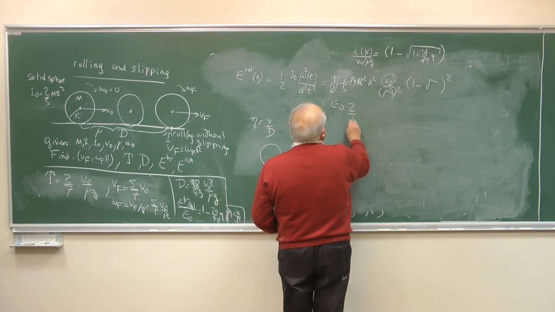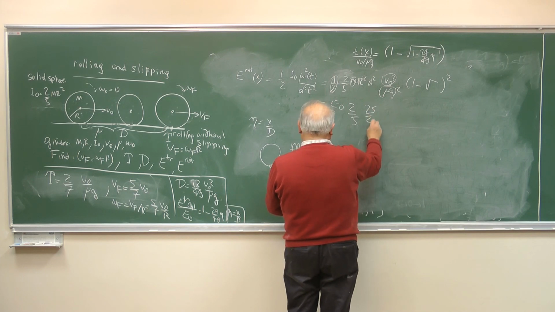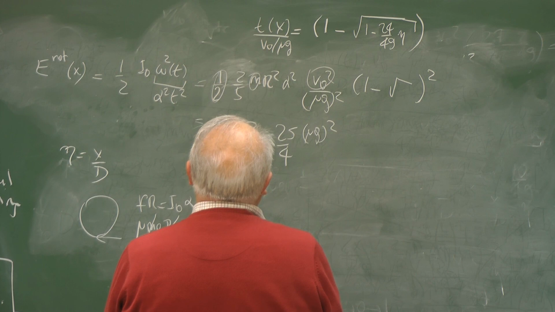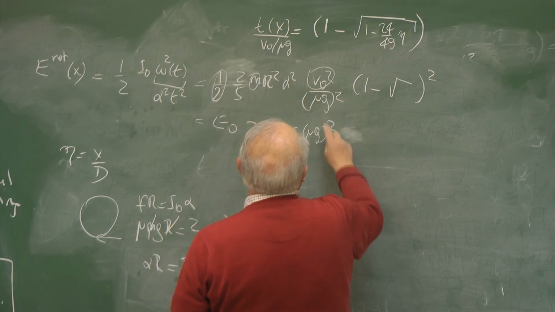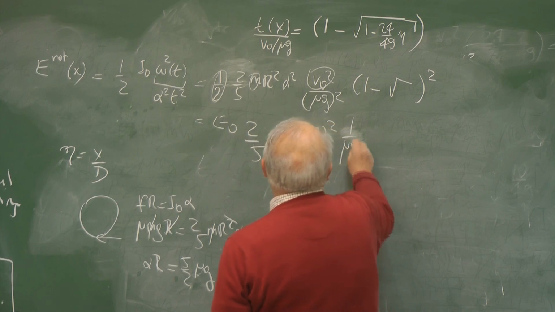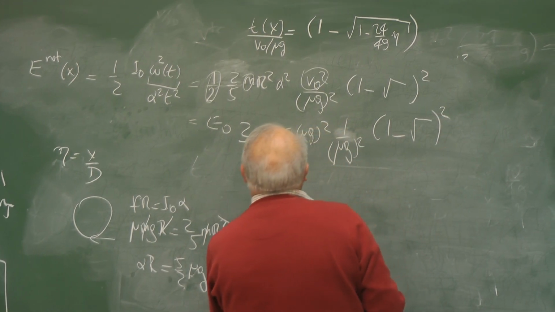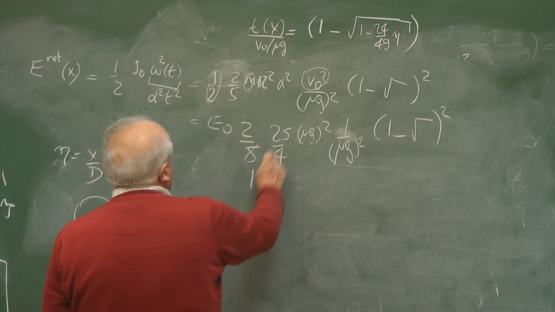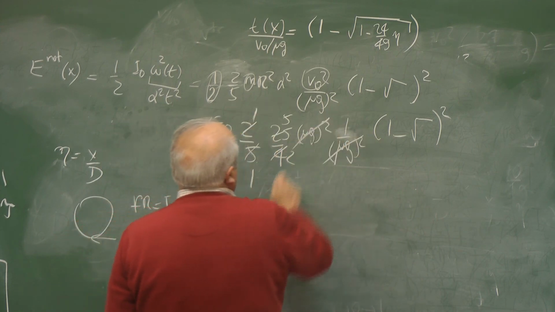Then I have 2/5 r squared alpha r, which is 25 over 4 mu g squared. The mu g squares cancel.